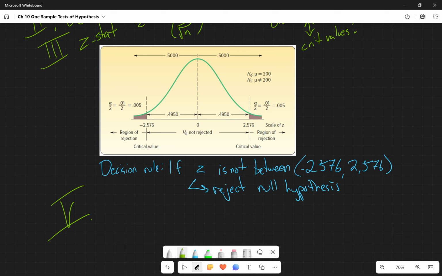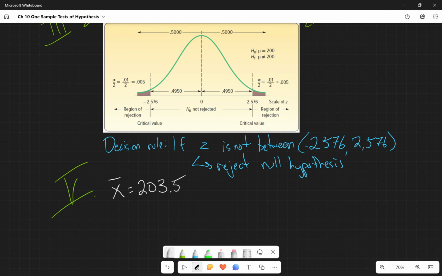So we're told that the mean number of desks produced last year was 203.5. So we're told that x bar is equal to 203.5. We're told that the standard deviation for the population is equal to 16 desks per week.